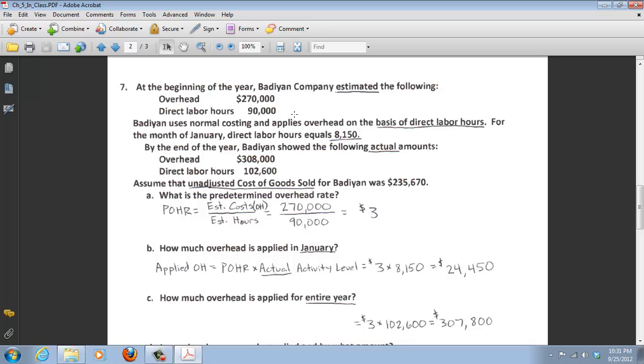So if we look back up, we're given that information, the estimates, at the top of the problem here. We've got $270,000, and we're going to divide that by our estimated 90,000 direct labor hours. And that's going to give us $3 for the predetermined overhead rate.